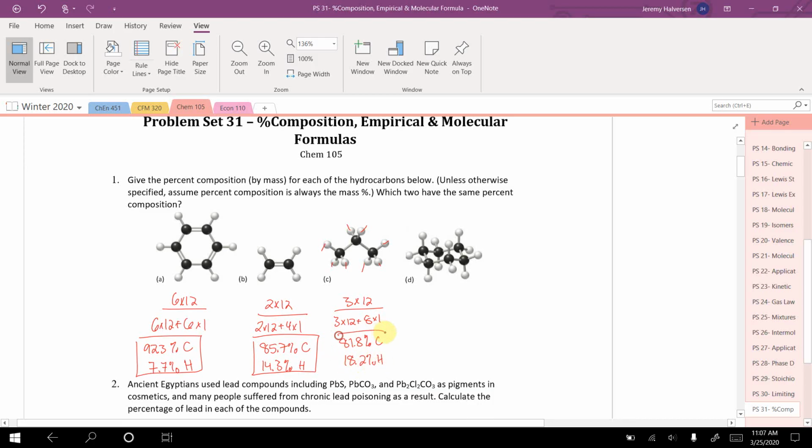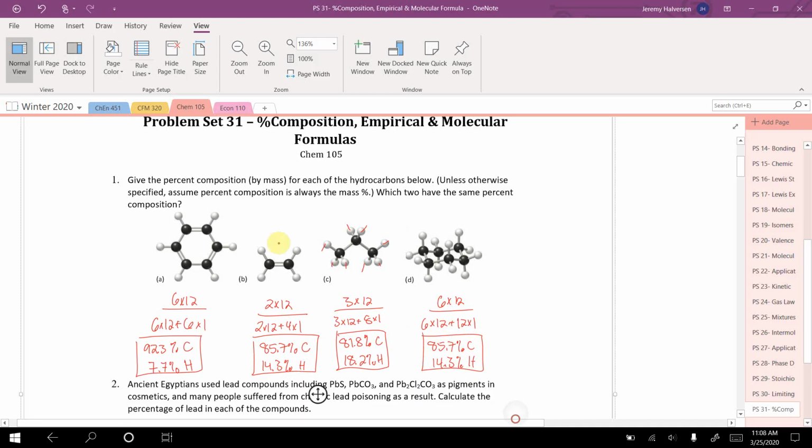18.2% hydrogen. And lastly, I have 6 carbons divided by my total of 6 carbons plus 12 hydrogens, is 85.7% carbon, and that leaves 14.3% hydrogen.